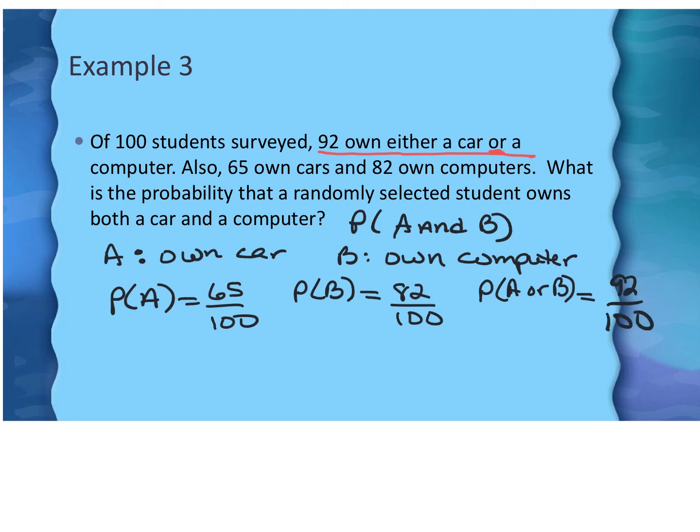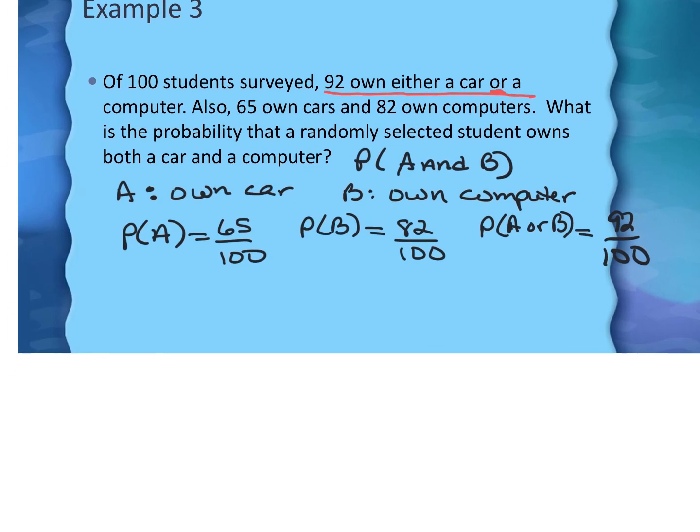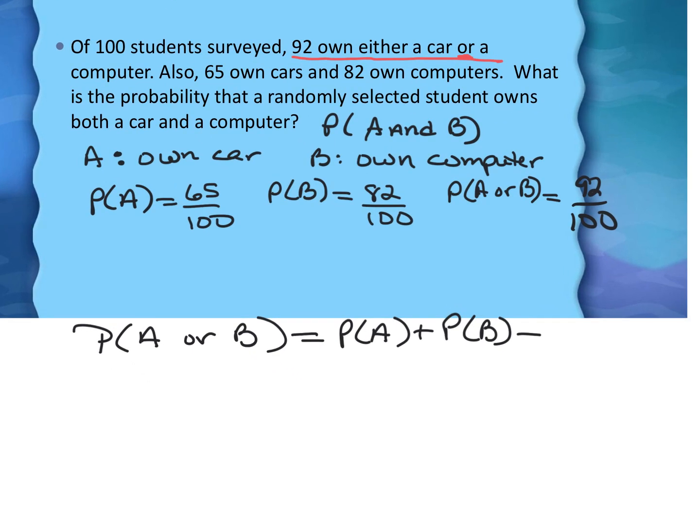Now, the formula we've been using when it was overlapping, remember, was the probability of A or B equals the probability of A plus the probability of B minus the probability of A and B. This is what we're solving for. This is what we wanted, that a randomly selected student owns both a car and a computer.